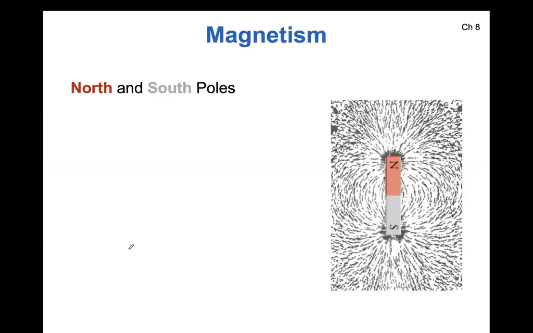So first, to talk about Earth's magnetic field, we need to talk about magnetism briefly. Kind of like we had to talk about the basics of waves and the two types of them in order to discuss earthquakes, we have to get back to the basics here. So when you have a magnet like this bar magnet shown here, there are two poles, a north and south pole.